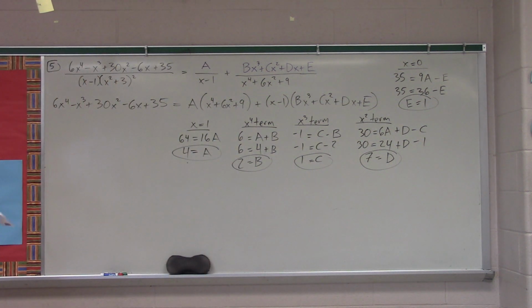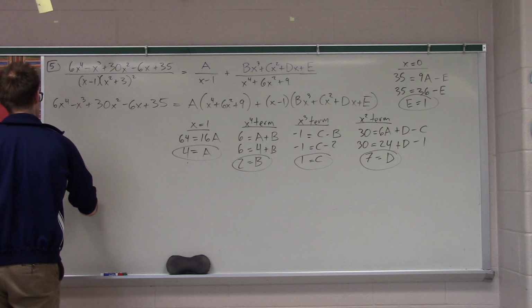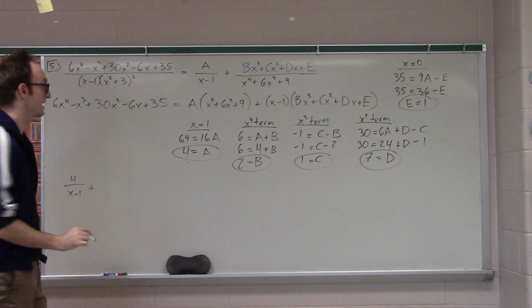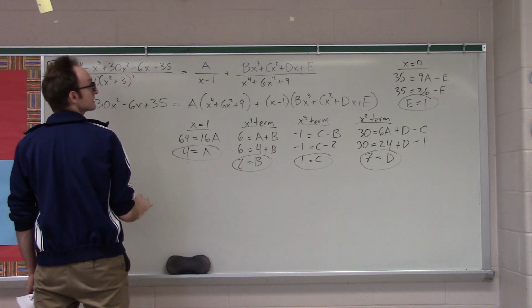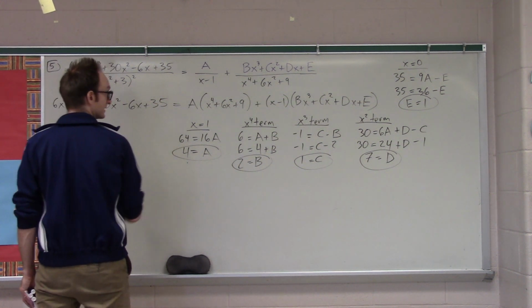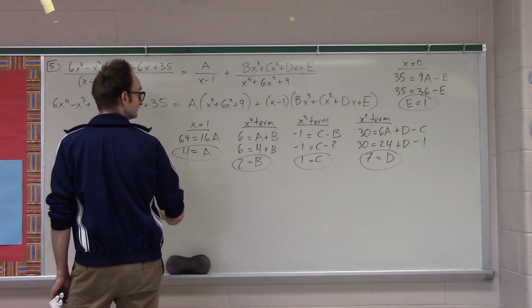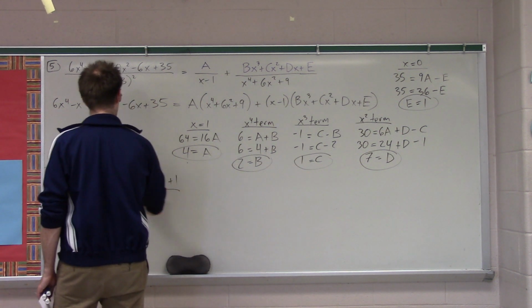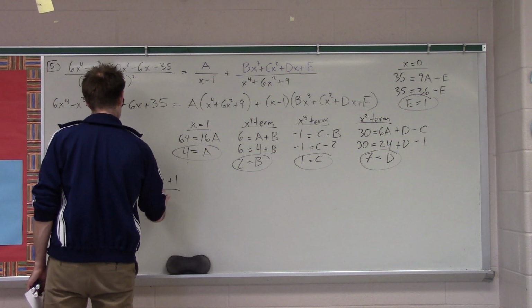And what I can now tell you is that this thing is 4 over x minus 1 plus 2x cubed plus x squared plus 7x plus 1 over this x squared plus 3 squared.